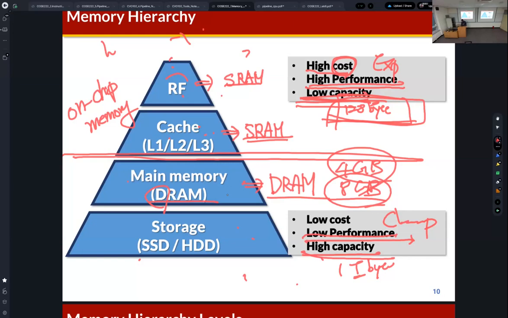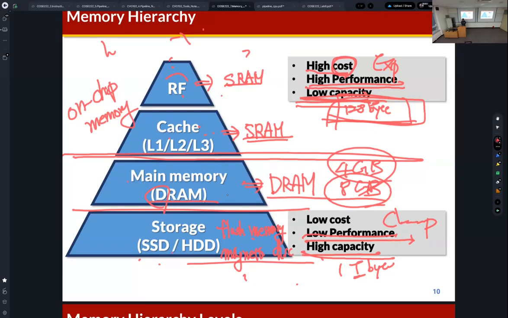Okay, but as I mentioned, the DRAM is less expensive than SRAM. Okay, then we can use the flash memory or magnetic disk for the storage. So it's extremely slow.